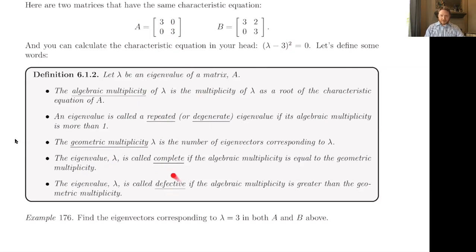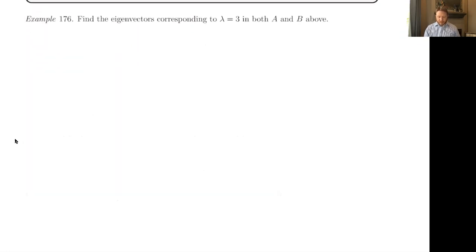Now, in the defective case, what happens is that I have an algebraic multiplicity of 2, but then there's going to be a geometric multiplicity less than 2. So I'm only going to have, in this case, one eigenvector for my double root, right? And that's going to be bad. So let's just see what this looks like for both of these cases. This shouldn't take too long.